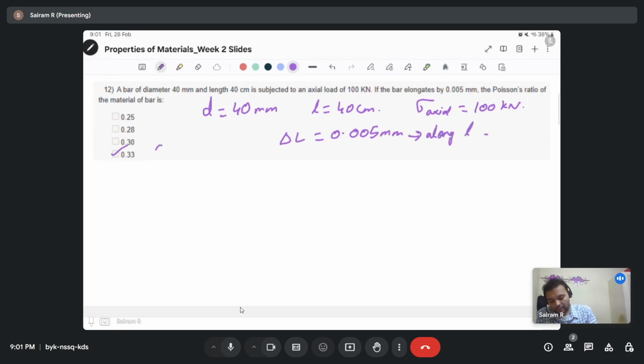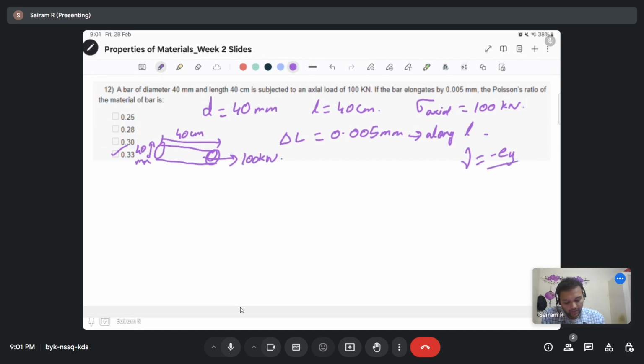If this is the bar, this is 40 centimeter, diameter is 40 mm, axial load of 100 kilonewton, then the Poisson's ratio nu is minus Ey by Ez, or lateral strain by longitudinal strain. Lateral strain, as we know here, is del L by L naught, which is 0.005 divided by 40 centimeter.